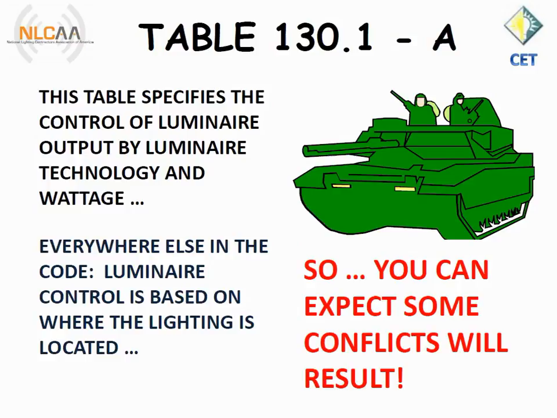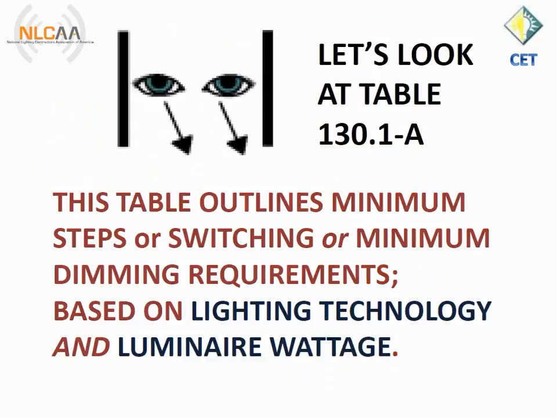Right. This is a very interesting table. It is specifying the steps of control per luminaire depending on the luminaire technology and the wattage of the luminaire. Everywhere else in the code, it depends on where the luminaire is located. So you can expect some conflicts.